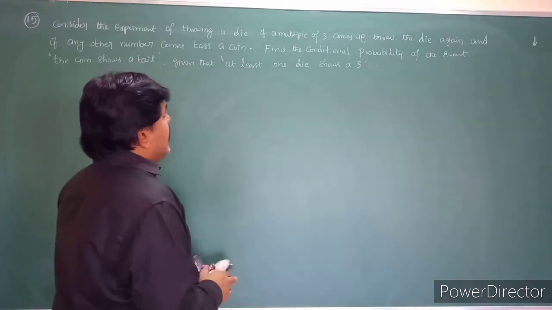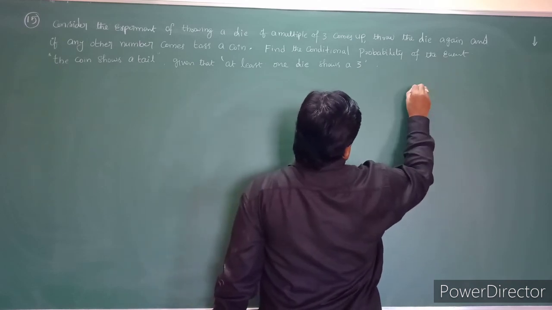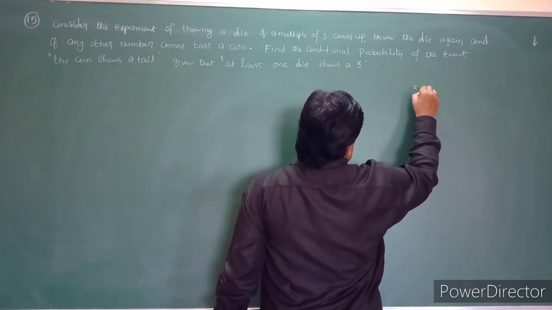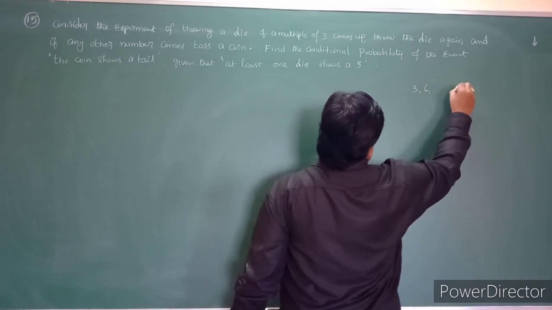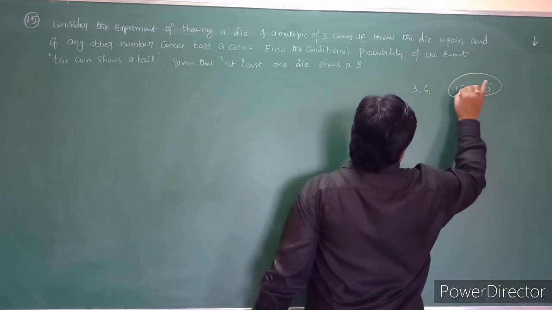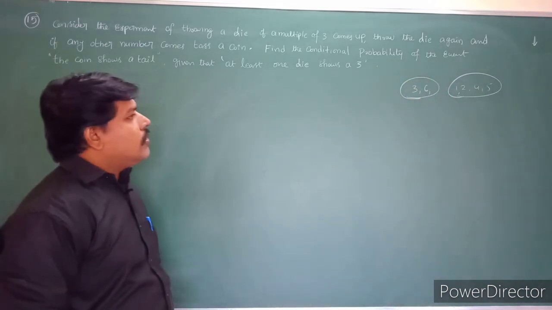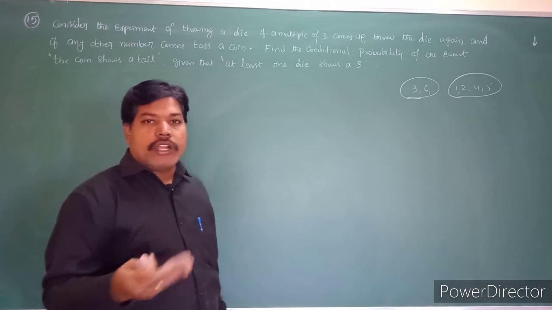So see this question, students, what they are asking to you. If you roll a die, we divide the outcomes into two different sets. If you roll the die, you will get 1, 2, 3, 4, 5, 6.